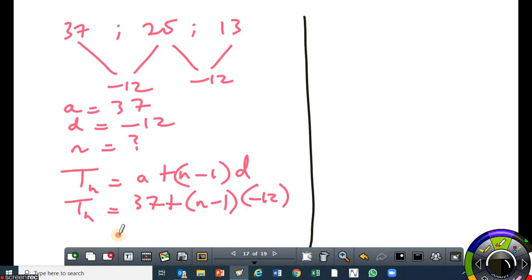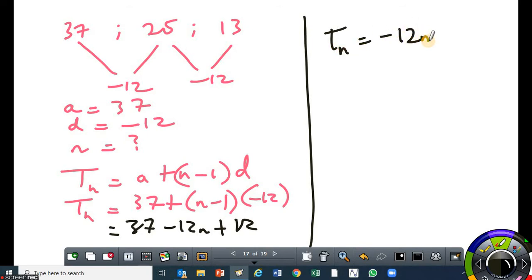Then if you simplify this, you get 37 plus, and if you put minus, we get minus 12n plus 12. If you simplify that, you will get Tn equal to minus 12n plus 49.